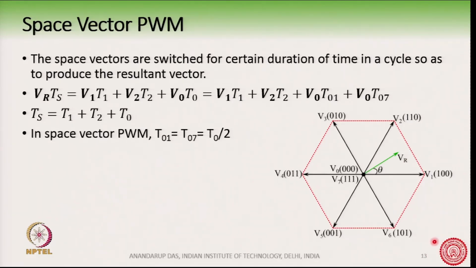Now, it may be possible not to use these three vectors, rather we can also use 4 vectors or we can use V3, V1 and V0.